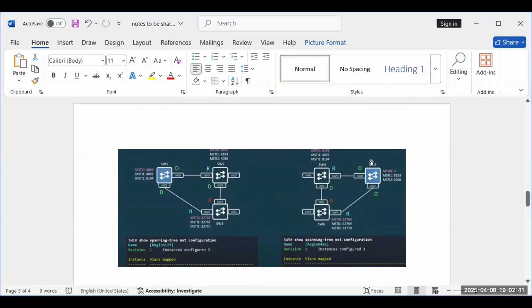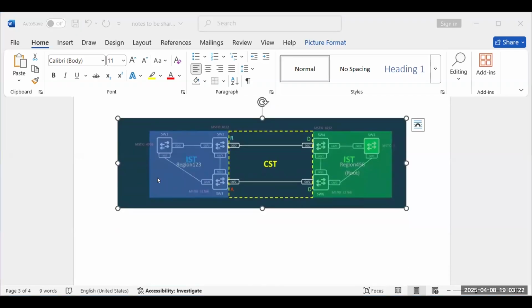If this fails, the next switch that becomes root bridge is this one, because it has a priority of 4096. This is 4098. This is 3264. So this will become the root bridge. If this fails, again there will be a huge MST topology change, and this will be elected as the root bridge.